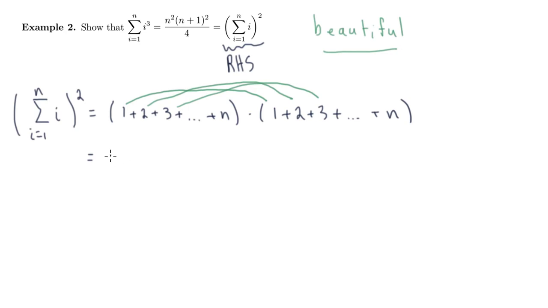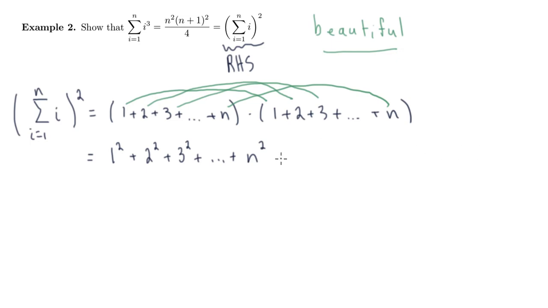So I'm going to have 1 squared plus 2 squared plus 3 squared plus all the way to n squared. So of course n is going to be multiplied by n for one of those terms in the distribution.